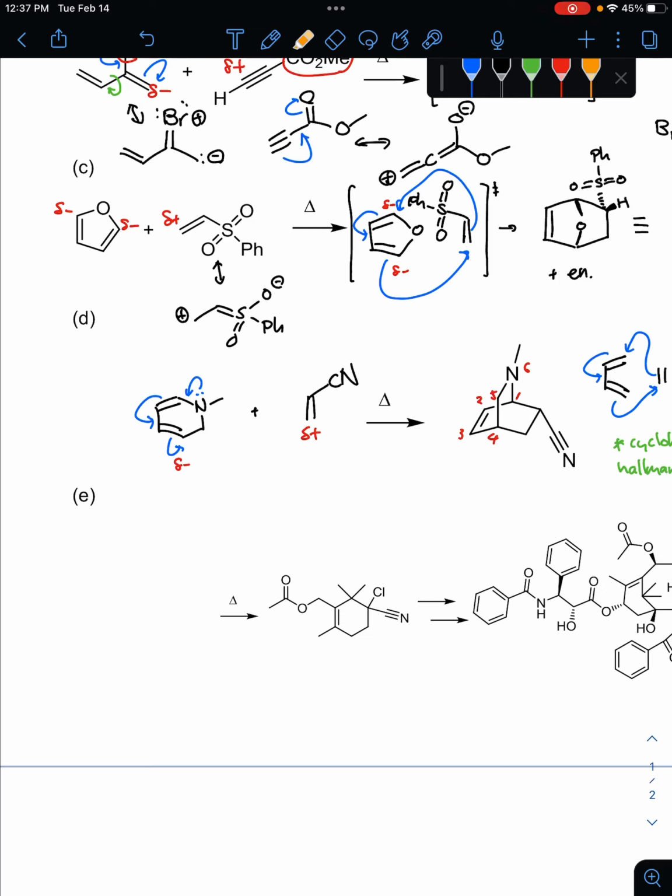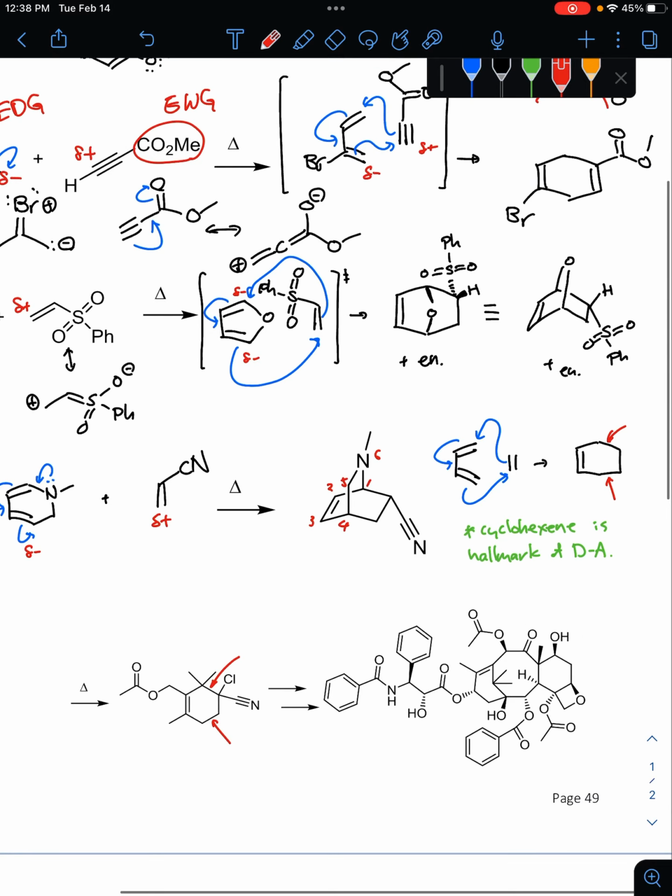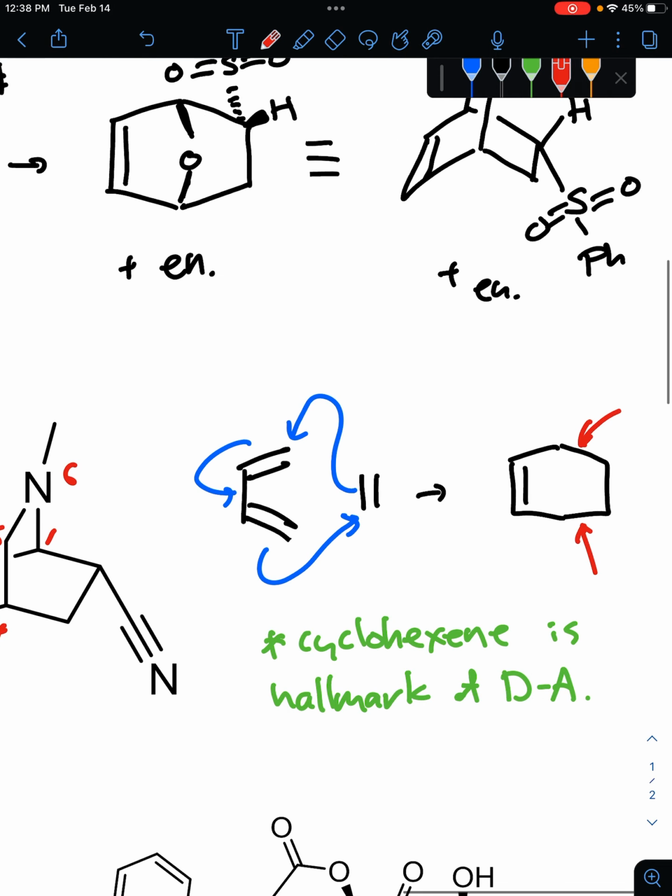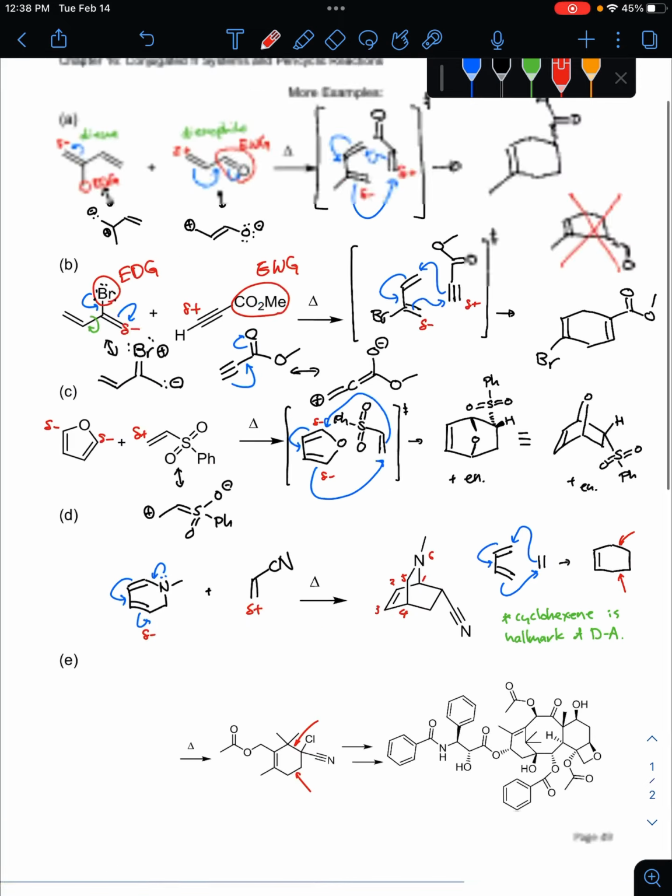And given that it's a cyclohexene, this is going to be a good candidate to synthesize by Diels-Alder reaction. And like we said before, these are the two bonds that must be newly made in the Diels-Alder reaction, right? If you contrast that to this, okay?